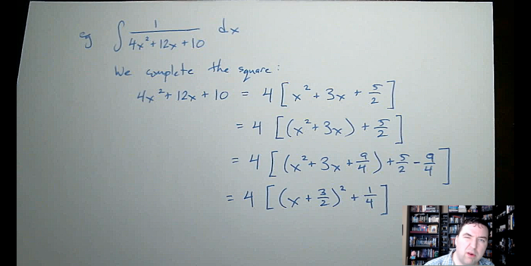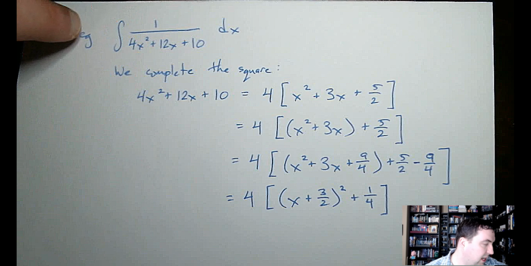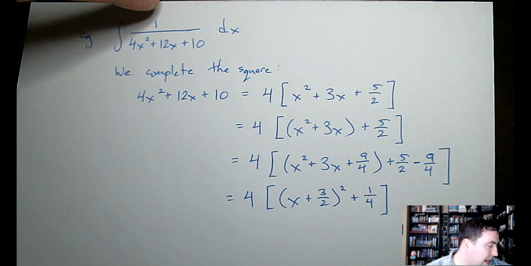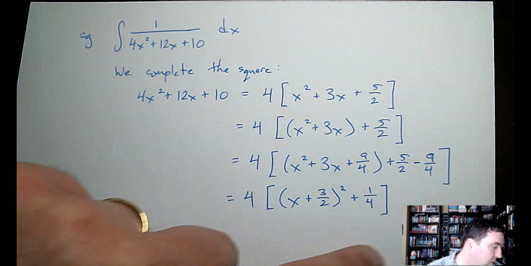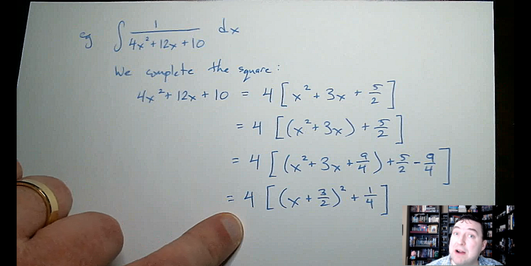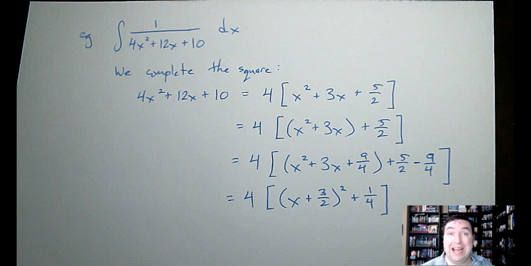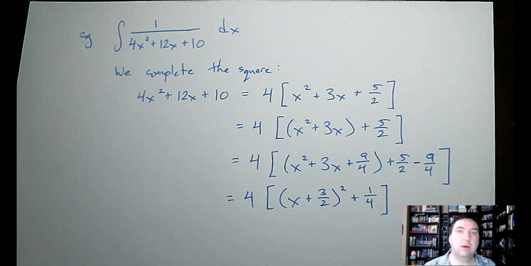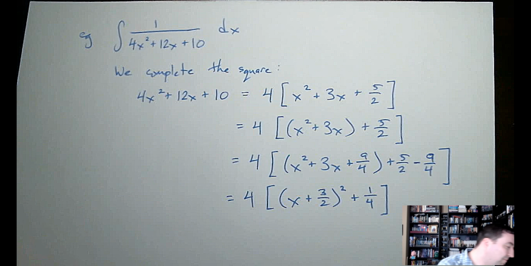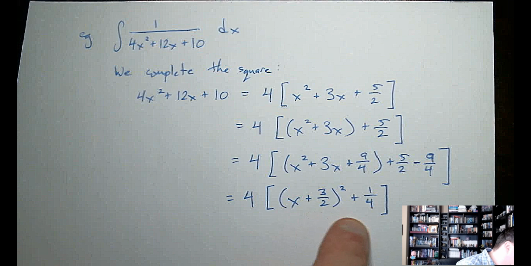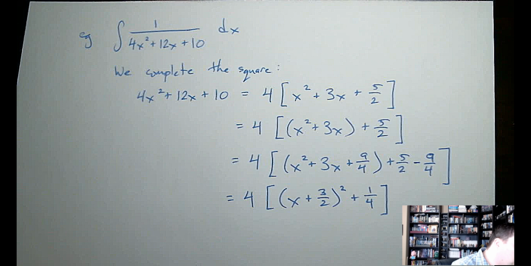At this stage now, there are 2 ways we could proceed. We could simply say, all right, well, if we come back up to our integral, now we're going to have the integral of 1 over this expression. That's a common factor of 4, so I could pull that out. And that's an entirely reasonable thing to do. It does mean, though, that now we're dealing with a couple of fractional expressions here.